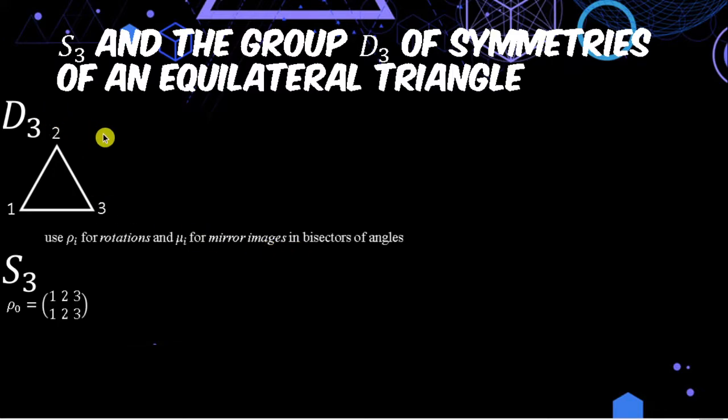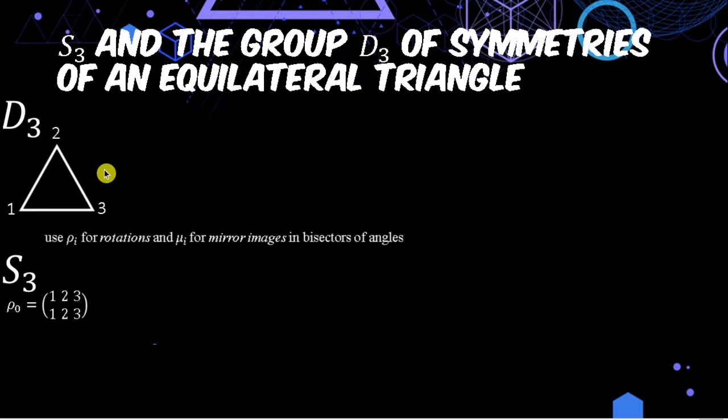I think I did not mention this one, but for dihedral groups, let us generalize: if there are n sides, it is a regular polygon with n sides. The number of rotations is n, and the number of reflections is also n.